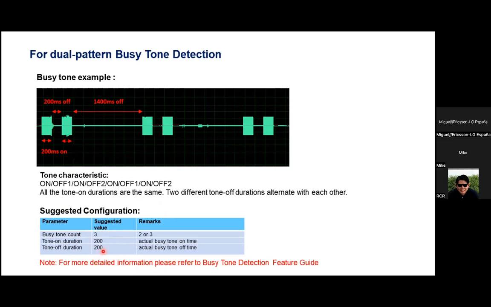Here, I only input 200, so you don't have to input both 200 and 1,400. You can input 200, and you can also input 1,400. But it's safer to use the minimum off duration for dual pattern busy tone detection.